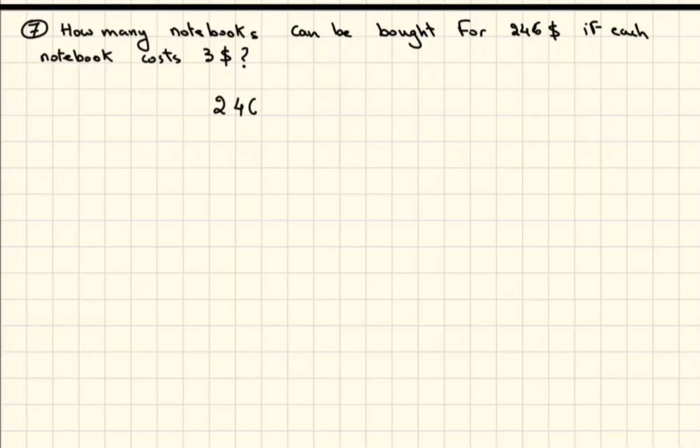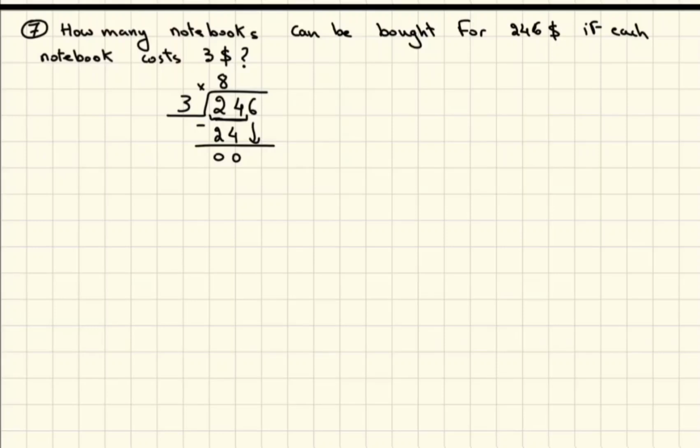So 246 divided by 3, 2 is smaller than 3, I cannot, so we take 24. 3 multiplied by how much is 24? It's multiplied by 8 and we get 24. We subtract, 4 minus 4 is 0, 2 minus 2 is 0.